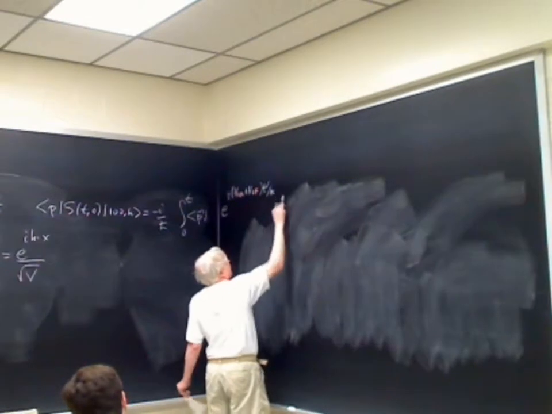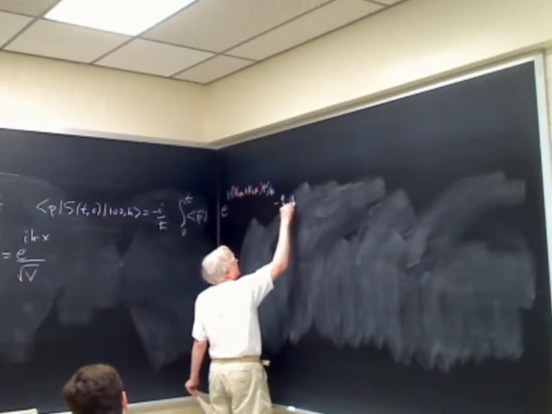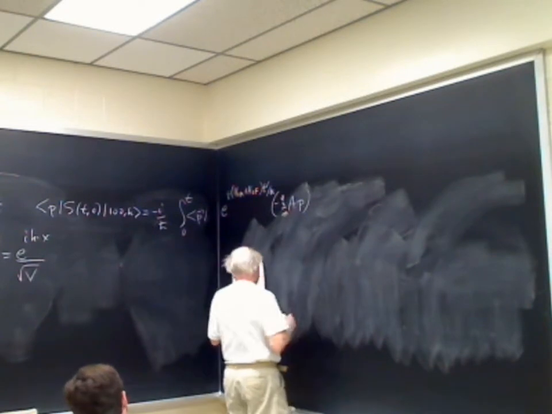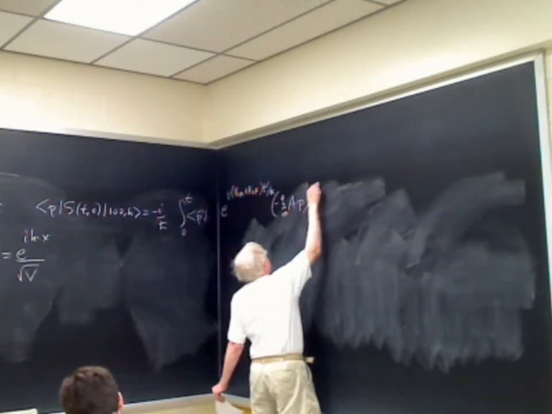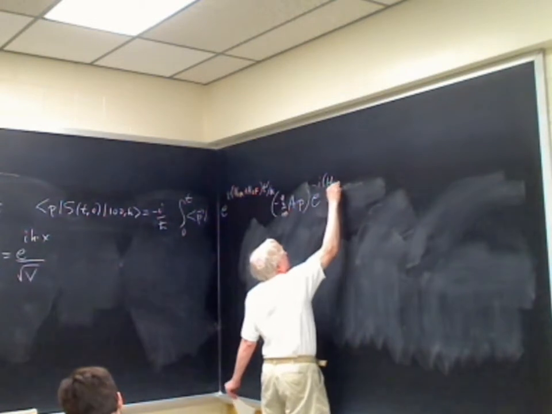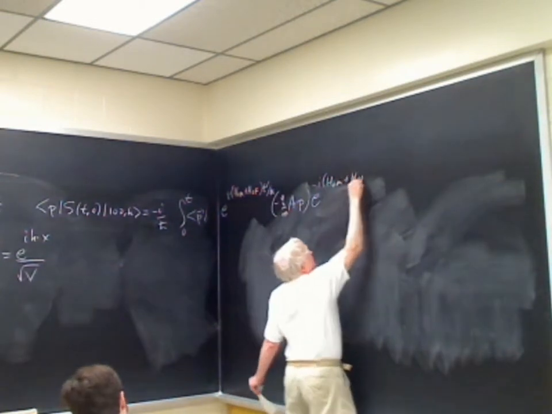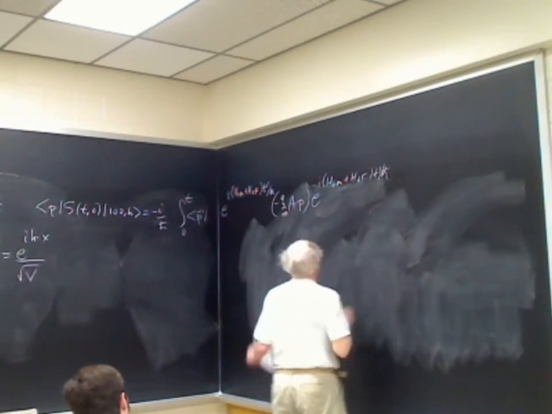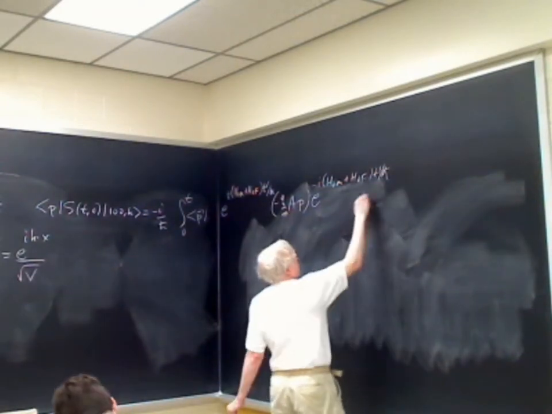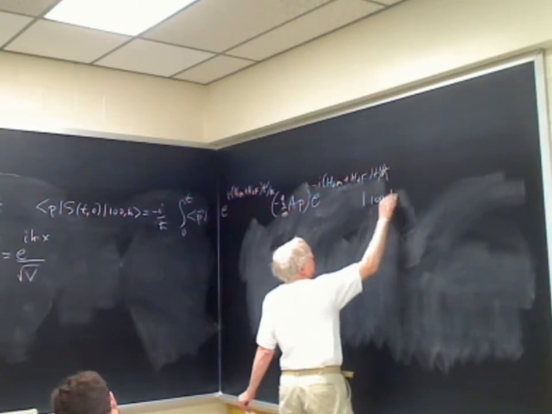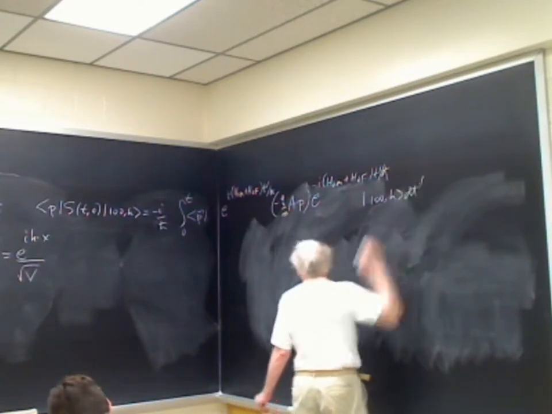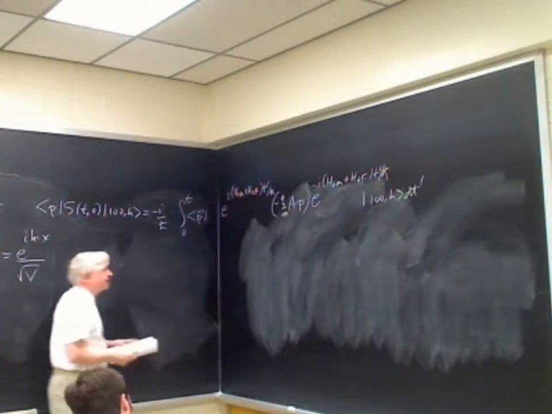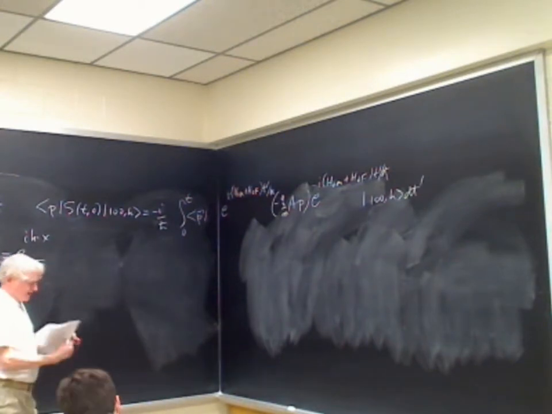We have then minus Q over m A dot P as the interaction, and then e to the minus i (H0 matter plus H0 field) t' over h bar, and the state 1, 0, 0, k, dt'. So that's the expression.